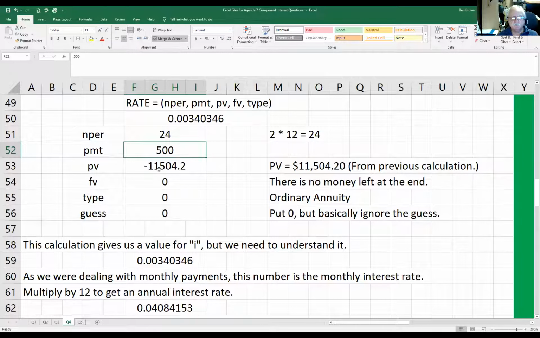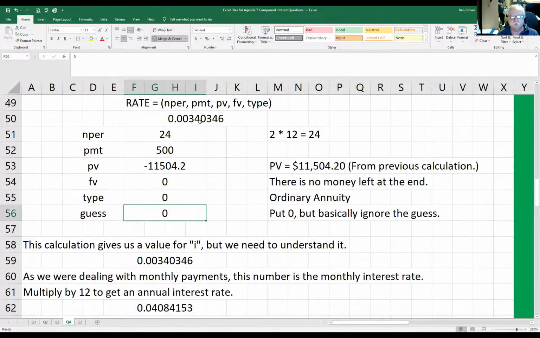The 11,000 is negative. That had to go into the investment. The future value is 0, there's no money left at the end. It's an ordinary annuity, so this is 0. And they have something called a guess here, but we can basically ignore it. I've never seen a situation where we had to use it.